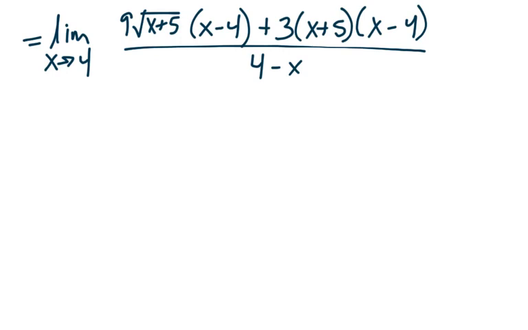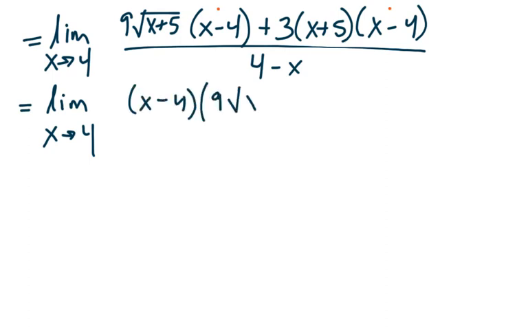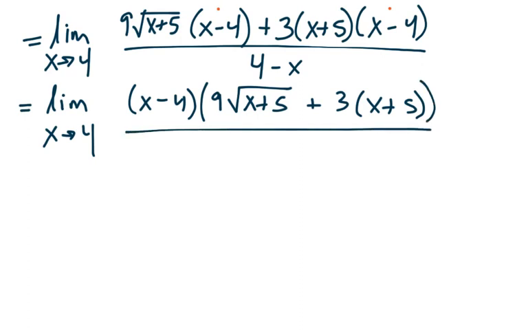Now we notice that we have a common factor of x minus 4. That can be factored out, and so we get the limit as x goes to 4 of x minus 4 times 9 times the square root of x plus 5 plus 3 times x plus 5, and that's all over 4 minus x.